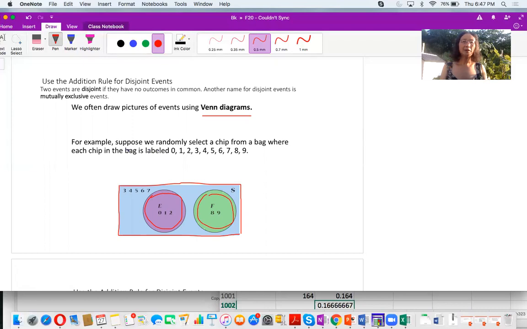This example is about randomly selecting a chip from a bag where each chip in the bag is labeled 0, 1, 2 until 9. We use capital letter E to represent the event that we see 0, 1, 2. And the letter F represents that we see the number 8, 9.